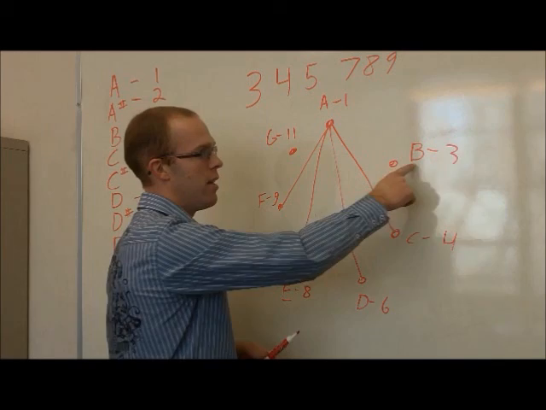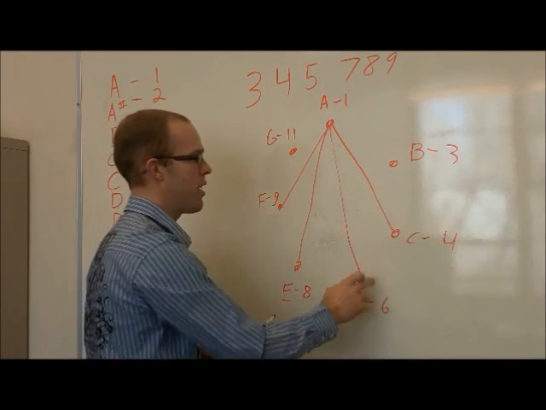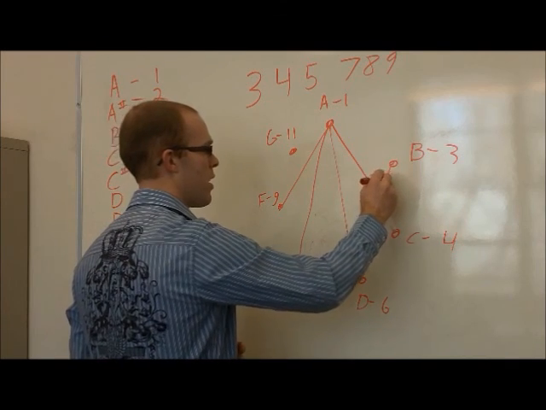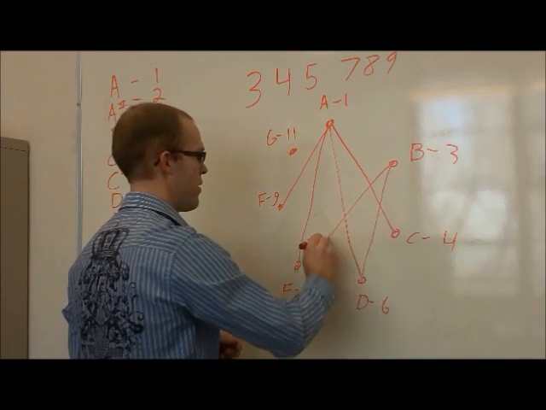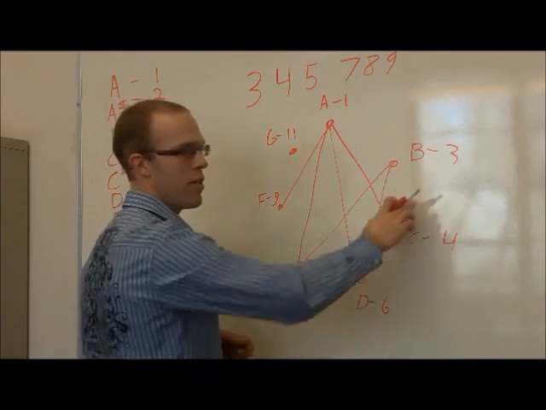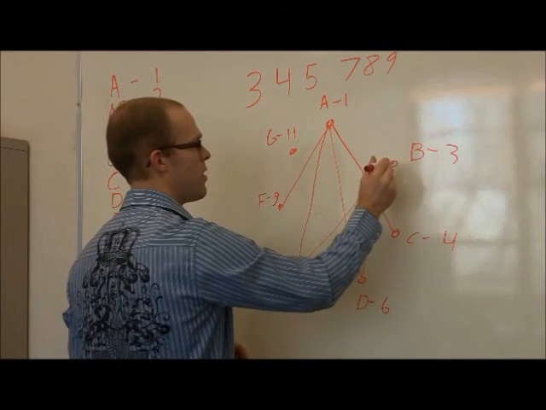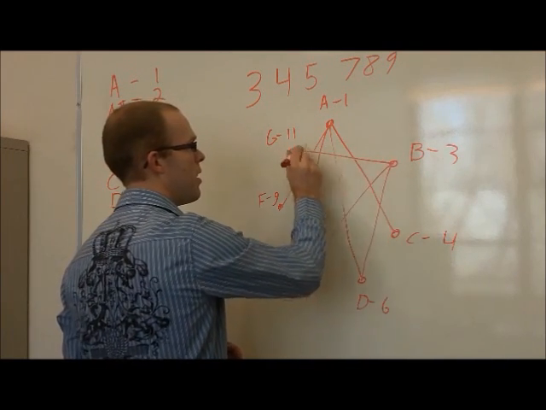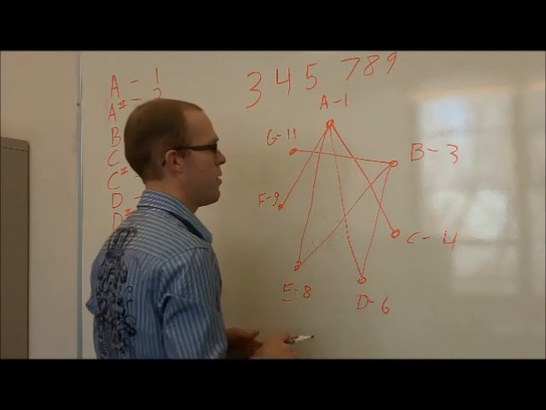Next, we look at B. 3 and 4, 1, so it's not included. 3 and 6 is 3, so let's draw a line, difference of 3. 8 and 3 is 5, that's included. 9 and 3 is 6, not in our intervals. 3 and 11 is 8. And 3 and 1 is again 2, so don't have to do anything there.